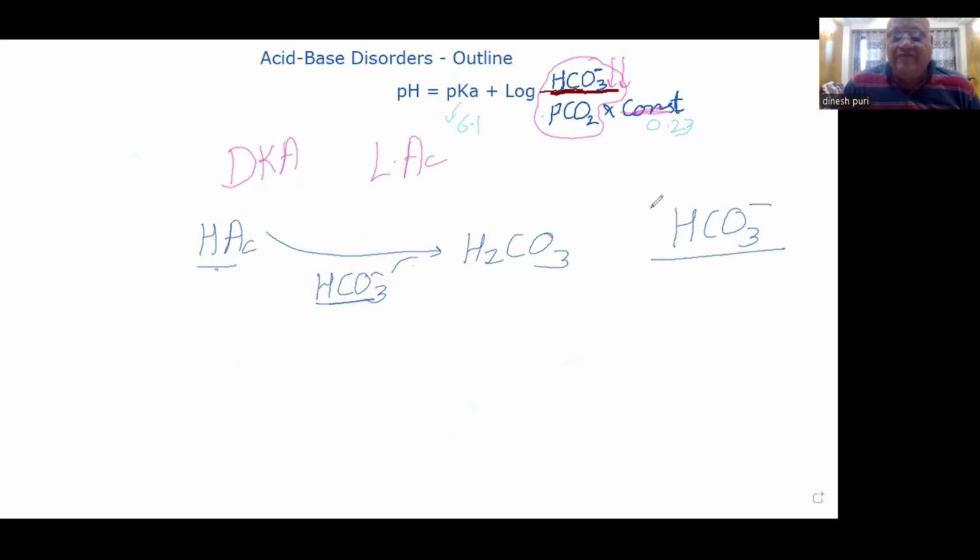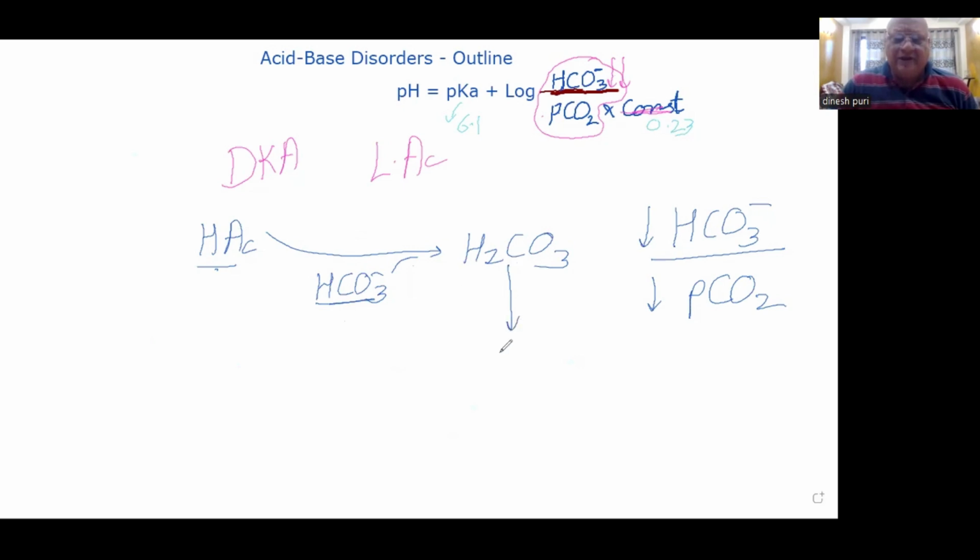And the only way to compensate for this is that you decrease the partial pressure of carbon dioxide. And how can that be done? That can be done by hyperventilation. That is something which is called Kussmaul breathing. And it's actually a self-regulatory loop. Let me complete.